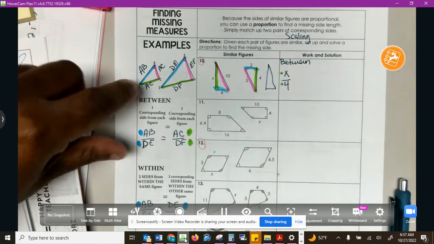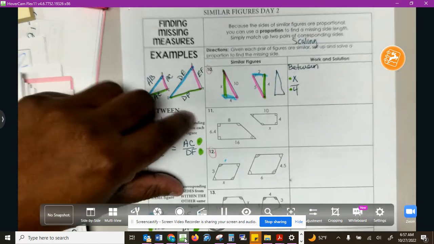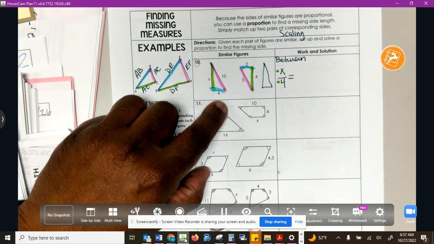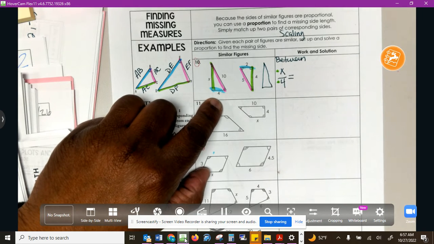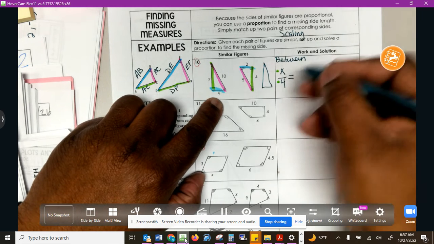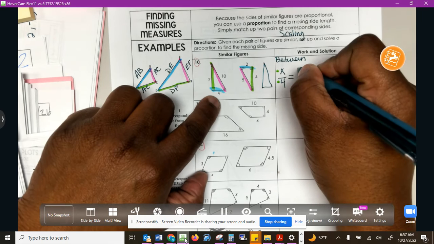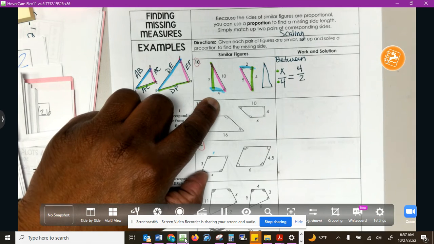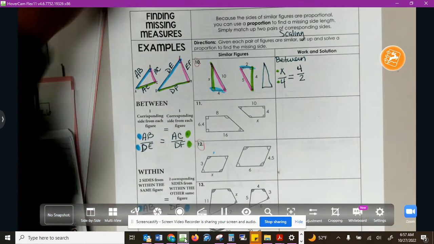So x and 4. And I'm going to set it equal to, I guess I'll use blue, 4 and 2. I have to start from exactly which triangle I started with originally. So 4 and 2, and that was from blue.